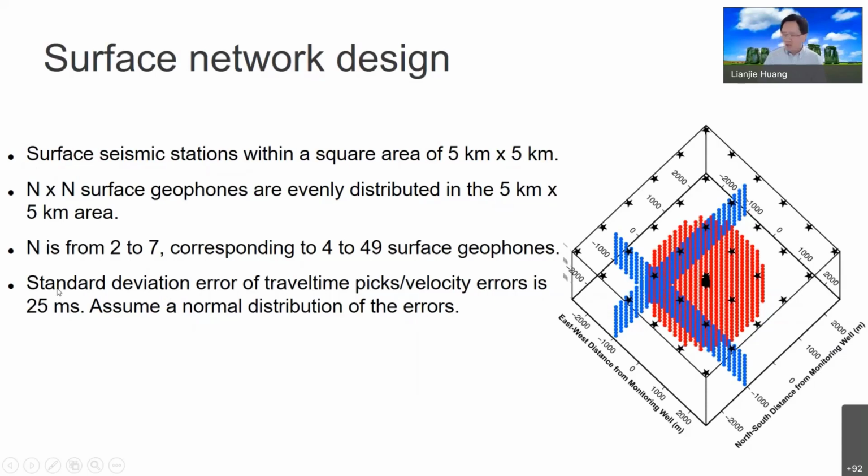We use a Gaussian distribution error for the travel time pick, with a standard deviation of 25 microseconds. That is, we use a Gaussian distribution of the error in the pick during the calculation.